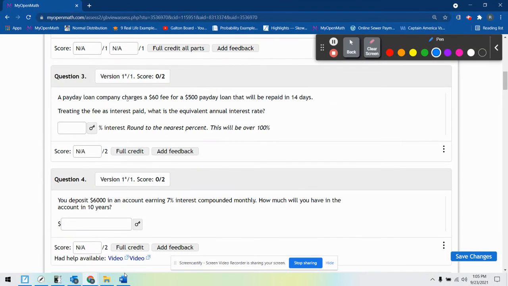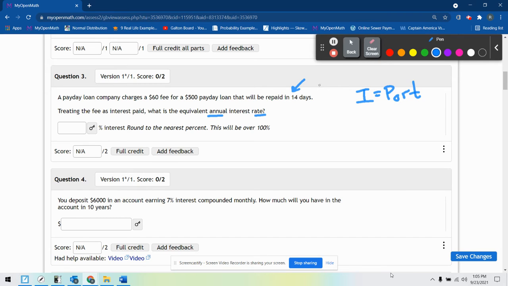All right, a payday loan company charges $60 fee. We did one of these in class. I think if you go back to one of the first videos from this class, we do an example like this. This is going to be simple interest over time. I equals P naught times R times T. Just remember to keep T in terms of years because our R is in terms of years, the annual interest rate.